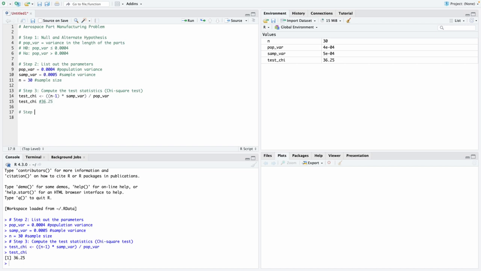Now, step 4 is to compute our p-value. We do this using the chi-square p-value function, which is just called pchisq.